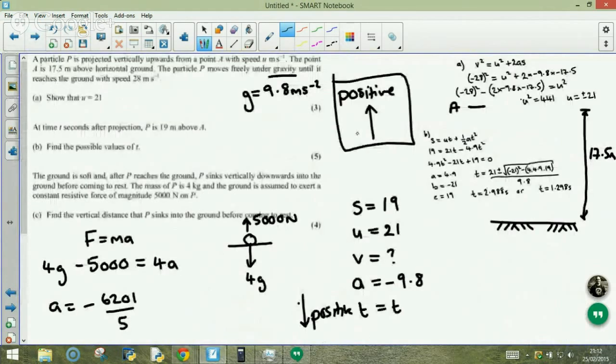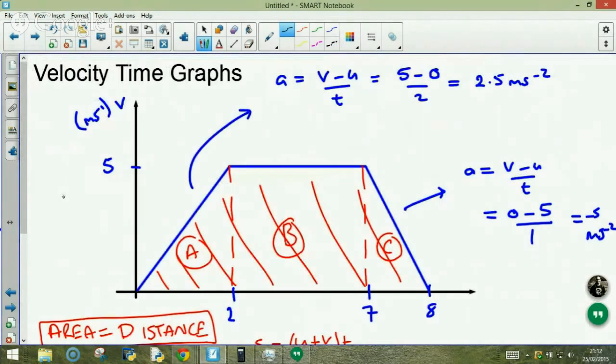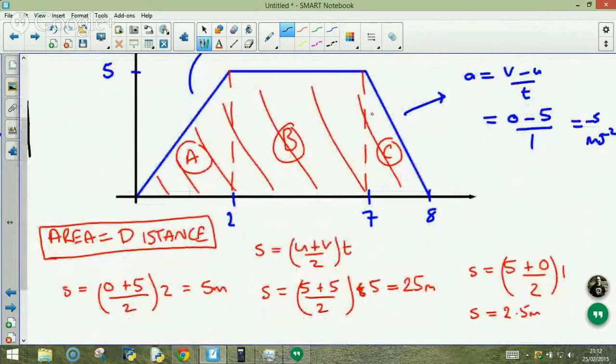And then for vertical motion, remember, pick a positive direction and stick with it. And don't be afraid if they start asking you about some dynamics stuff along the way. And then finally, velocity time graphs. The distance is the area underneath and the gradient is the acceleration. But if you know your SUVAT equations, it can save you a lot of bother because they work in the same way.